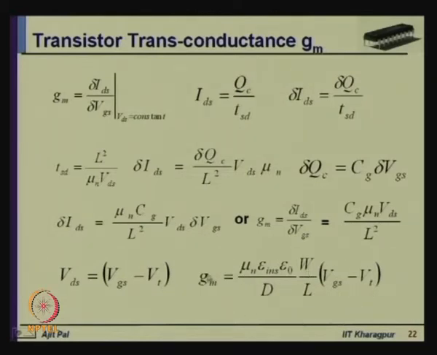How we can increase the value of GM is clear from this expression. If the width is more, more current will flow, so GM will be more. If the thickness of the silicon dioxide is small, the gate voltage will have more control, and obviously GM will be large. Similarly, if the length is small, more current will flow, so GM will be increased.